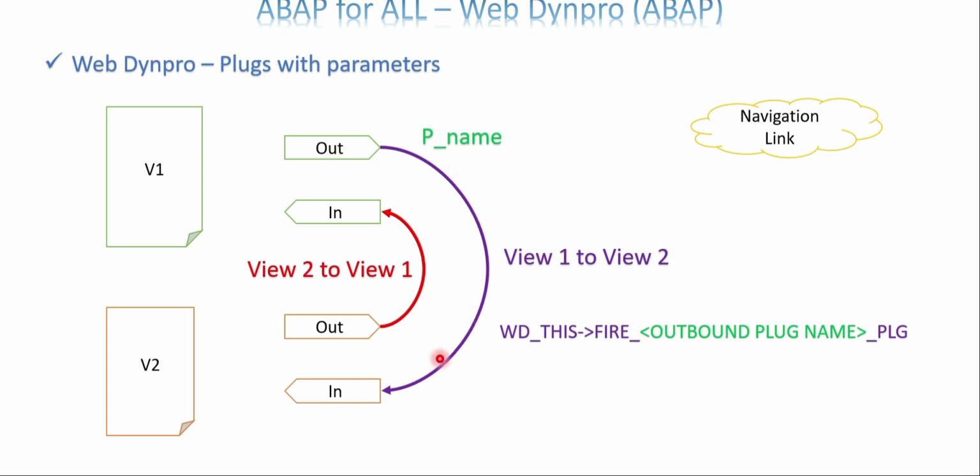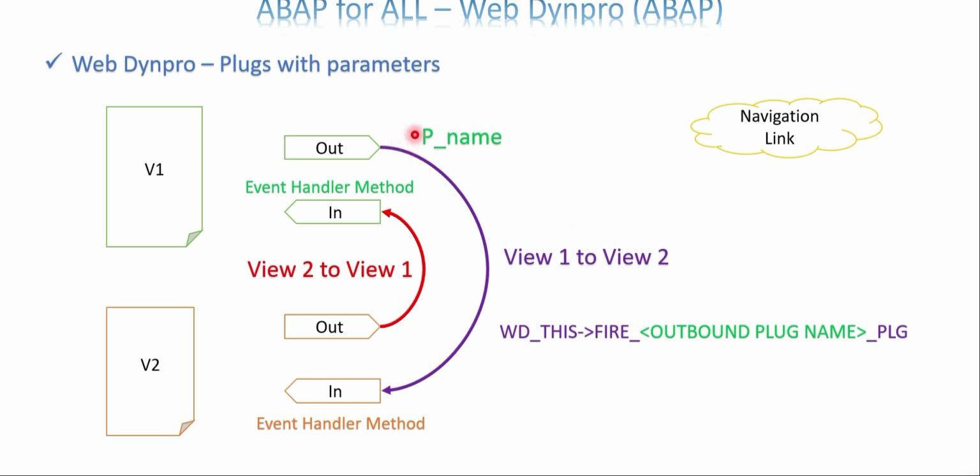Then how is that going to be received in the inbound? The inbound plug doesn't have a parameter option. Every inbound plug has its own event handler method, so inside the event handler method you have to write code to receive the value from the outbound plug parameters. It's pretty simple.